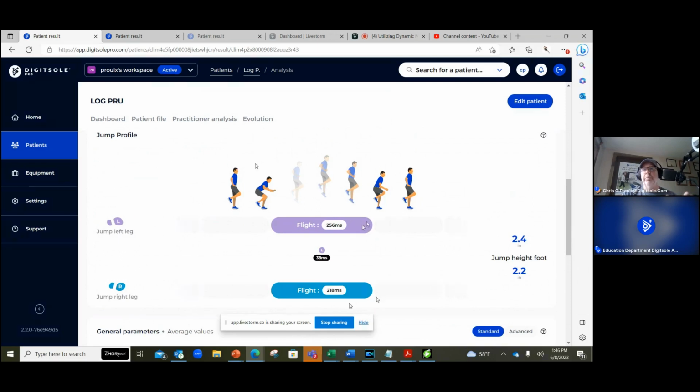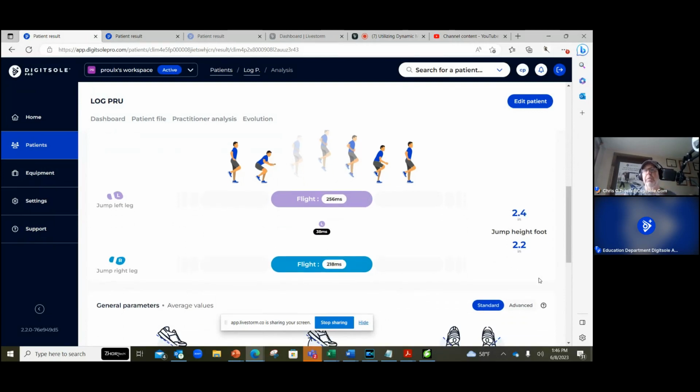The reason was the trajectory pattern that they followed when they were jumping; they jumped a lot higher on that one leg. So it wasn't that he really had a deficit in his overall flight time ability. It was a control thing, a technique thing, and it wasn't really related to something that I would have kept him out of play for.